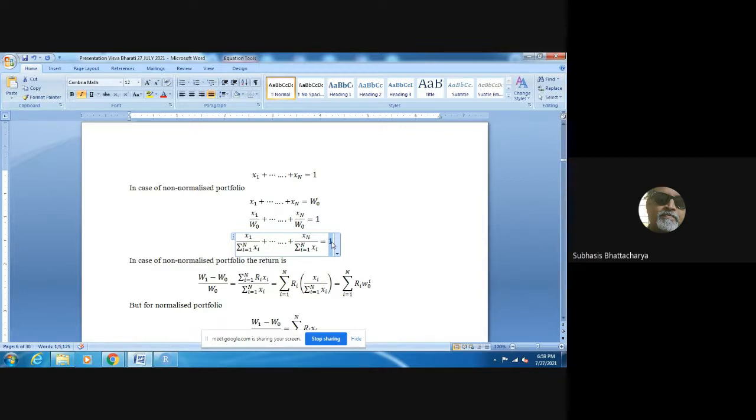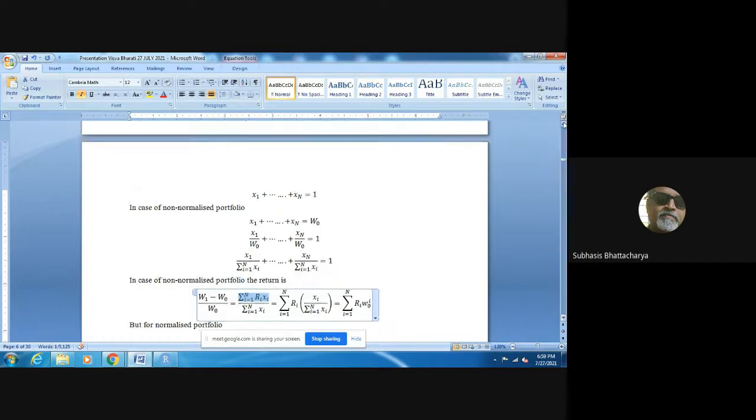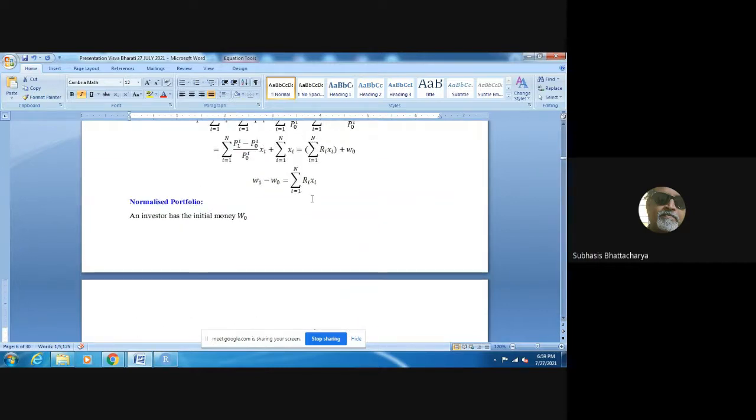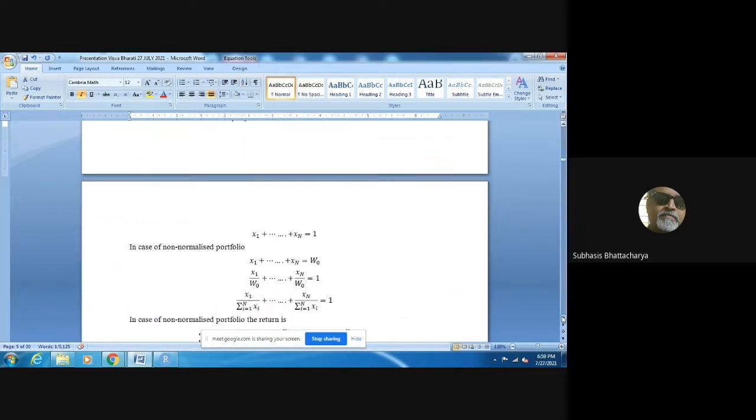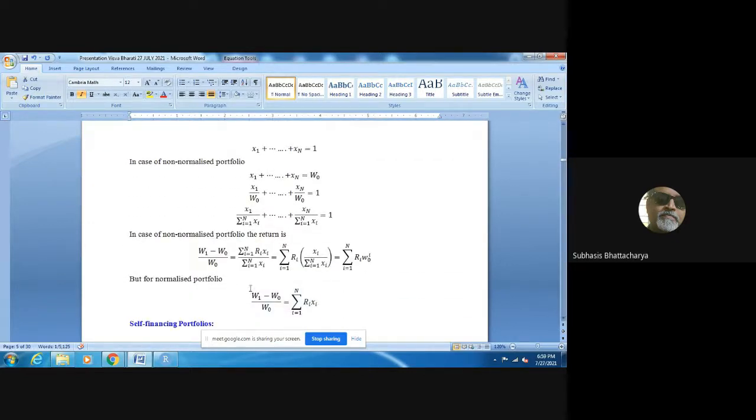What is the return in terms of the normalized portfolio? Any kind of return is estimated by the final value of the portfolio minus the initial value, divided by the initial value. We derived earlier that W1 minus W0 is the summation of Rixi. So this is divided by the summation of xi.